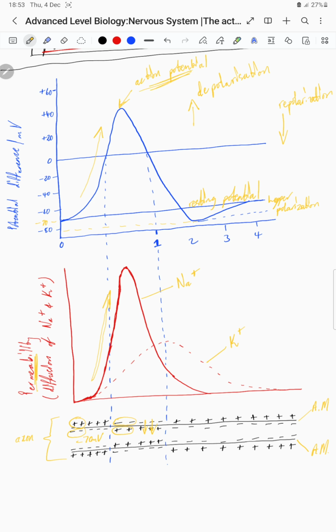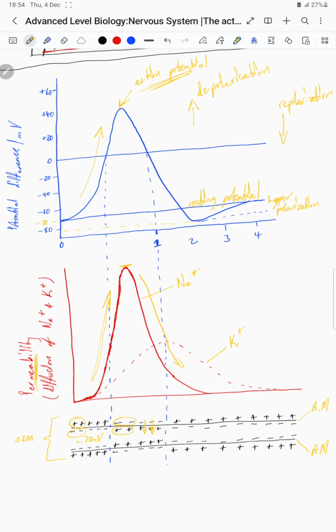At this point, when you look at the red graph, we'll see that it reaches a peak and then starts to fall. At this peak, the gated channels of the sodium ions start to close on their own, so their permeability starts to decline.